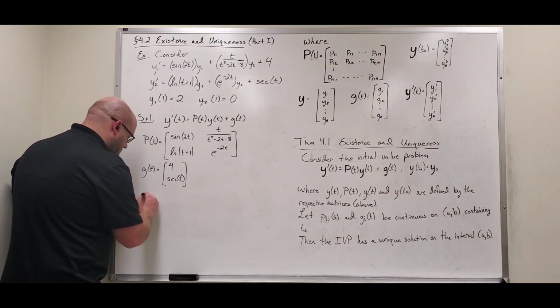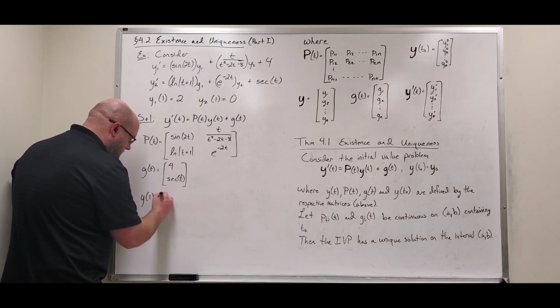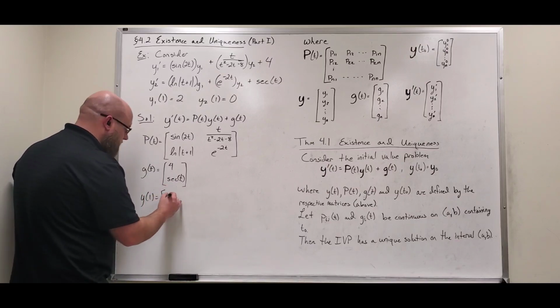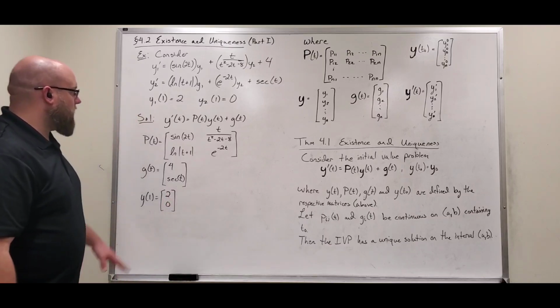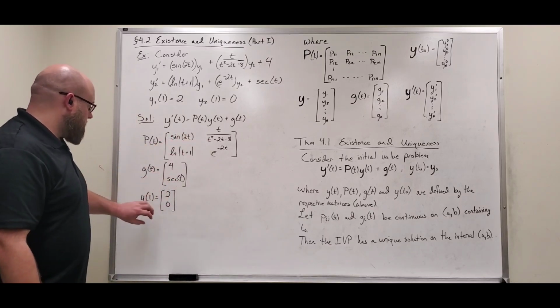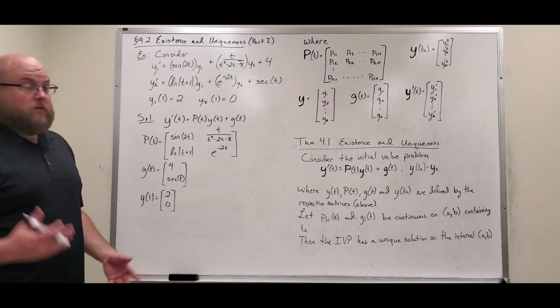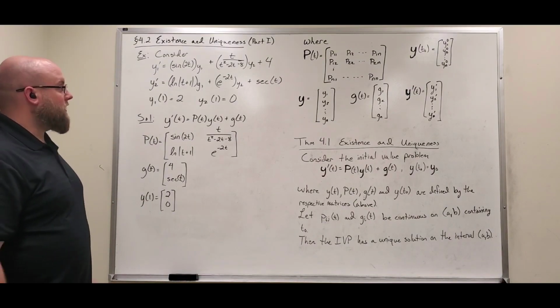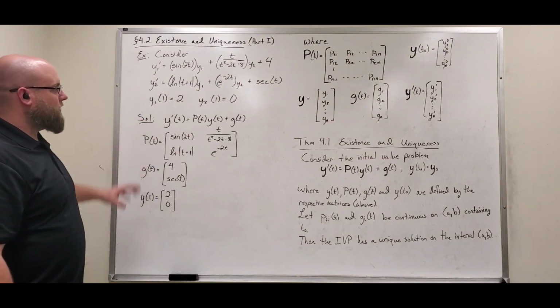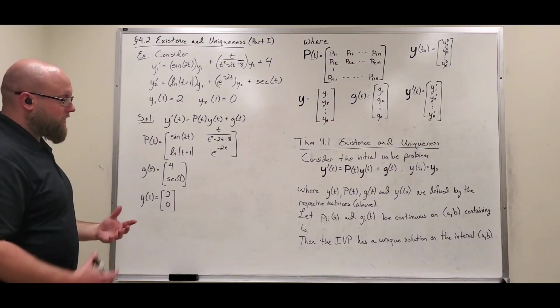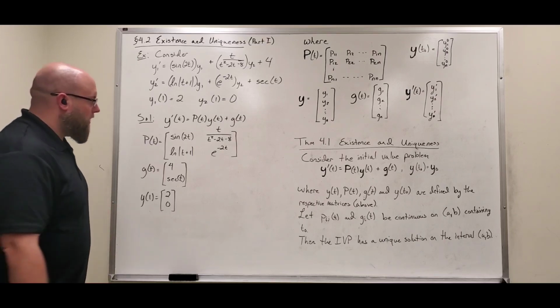So this is how we write those parts. And again, just for kicks, I'll write our initial conditions here to show you what this looks like, because at some point I could give you, okay, this is our p of t, this is our g of t, this is our y sub 1. Talk about its existence and uniqueness, and I don't give you this. So be careful and be able to represent these in one fashion or the other, because you'll see both when they pop up.